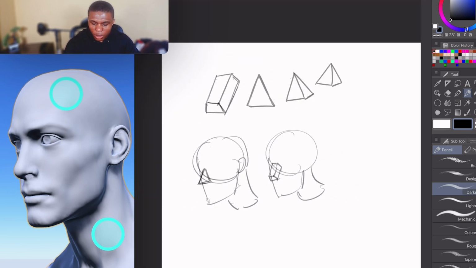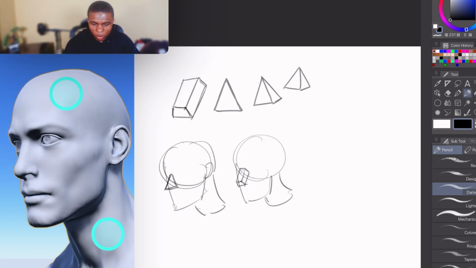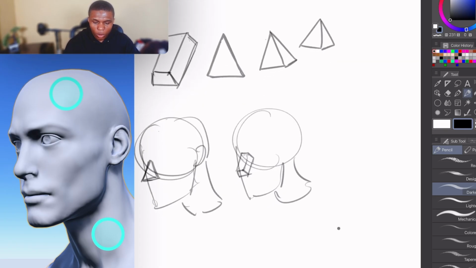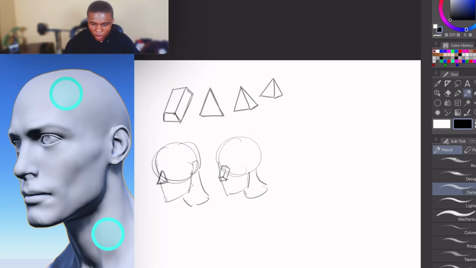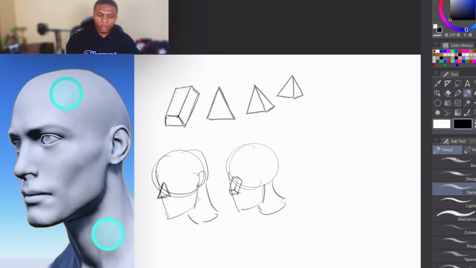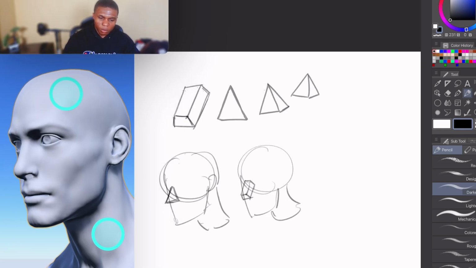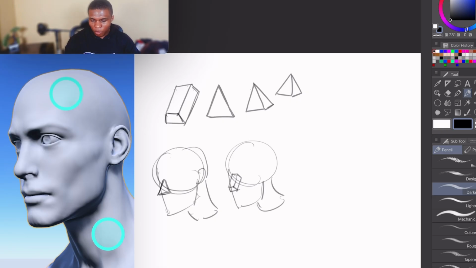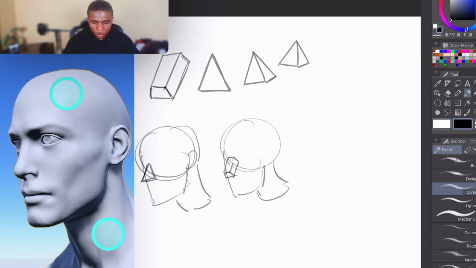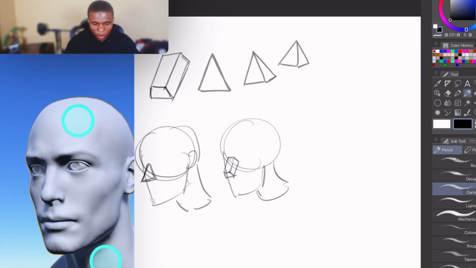So learning this basic shape and then learning the planes of the head is going to be helpful when doing this. So now I'm going to do a breakdown of these shapes. There's a much more complex version of these planes, right? But with this information, you're good to go.